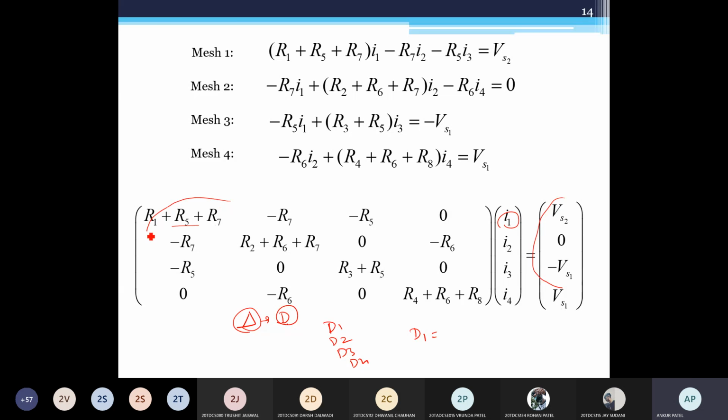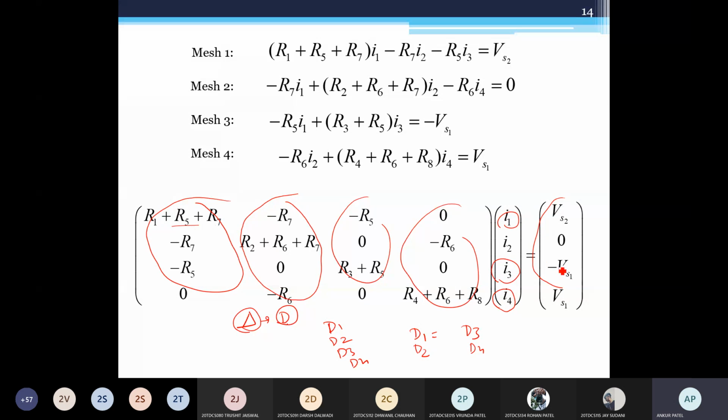For D2, I replace the coefficient of I2 by this voltage. For D3, I replace the coefficient of I3, and for D4, the coefficient of I4 by this voltage source.